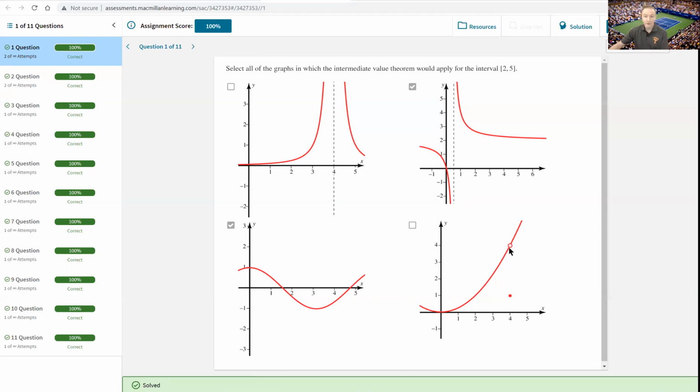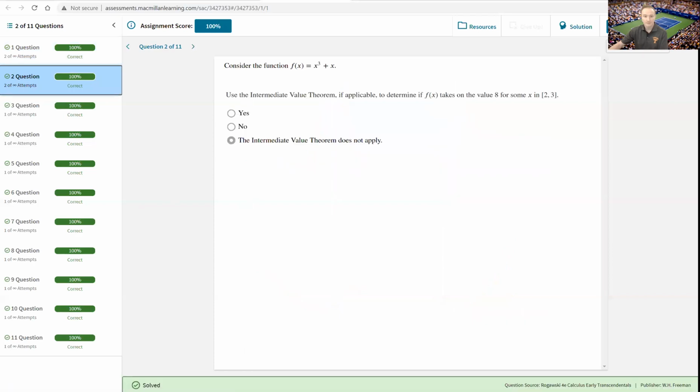We could call it a removable discontinuity at x equals 4. So from 2 to 5, we could not use the intermediate value theorem. There does not exist a y value for all x values in between 2 and 5. So the only two that satisfy the intermediate value theorem's prerequisites are, on mine, the second graph and the third graph. Okay, next question here.